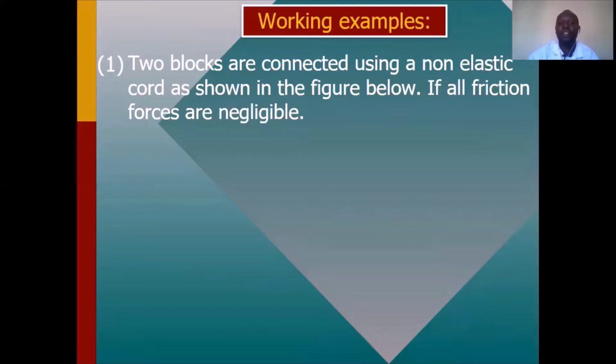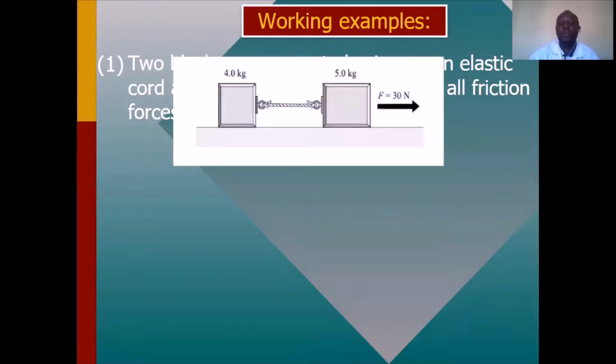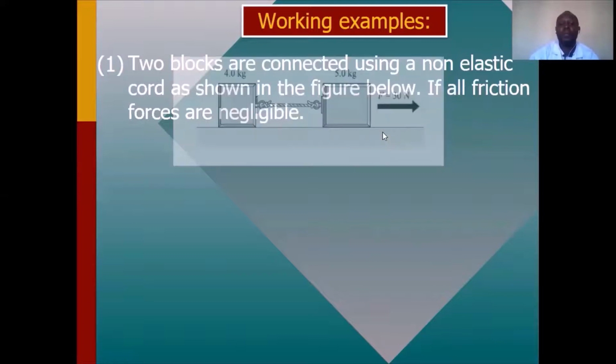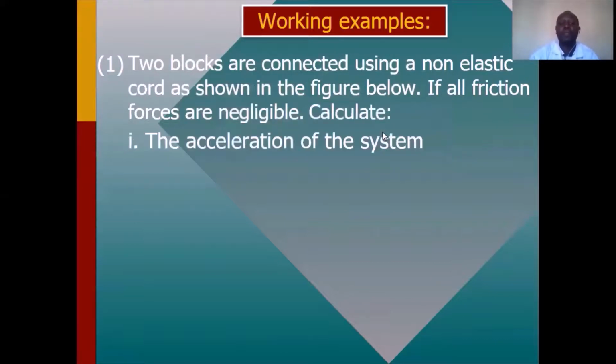If all friction forces are negligible, we have this diagram: a 5 kilogram block and a 4 kilogram block connected together by a non-elastic cord, and on the surface we have no friction. Calculate the acceleration of the system and the tension in the cord connecting the 2 masses.